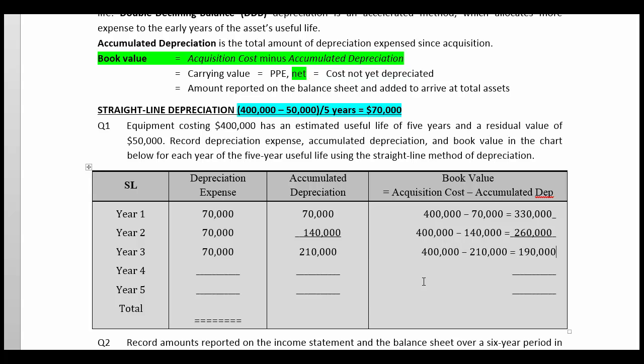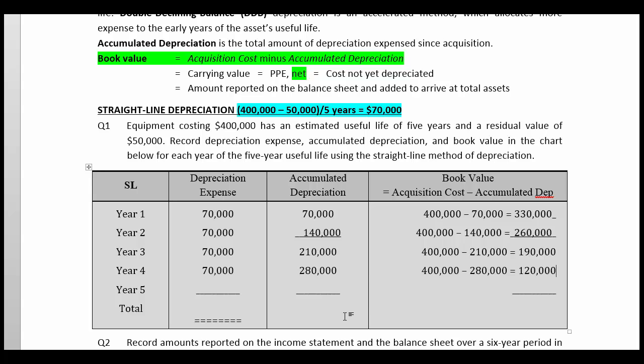That's what we'll report on the balance sheet. In year 4, depreciation expense is 70,000. Accumulated depreciation is 70,000 times 4, or 210,000 plus 70,000 is 280,000. So therefore, book value is equal to 400,000 minus 280,000 equals 120,000.